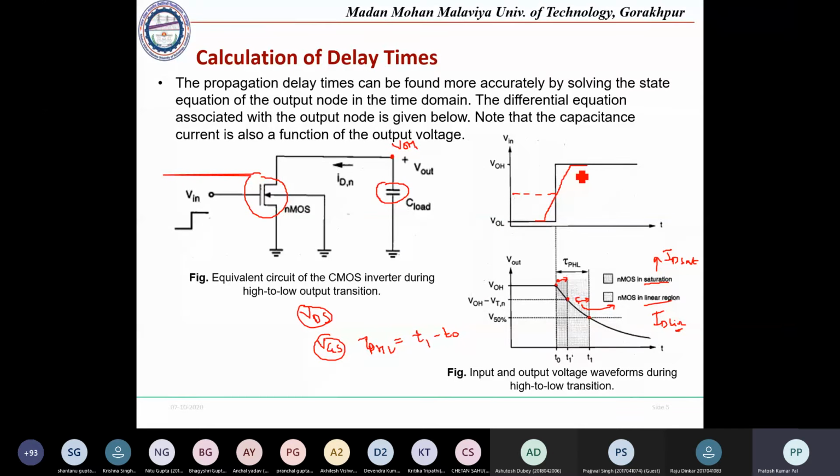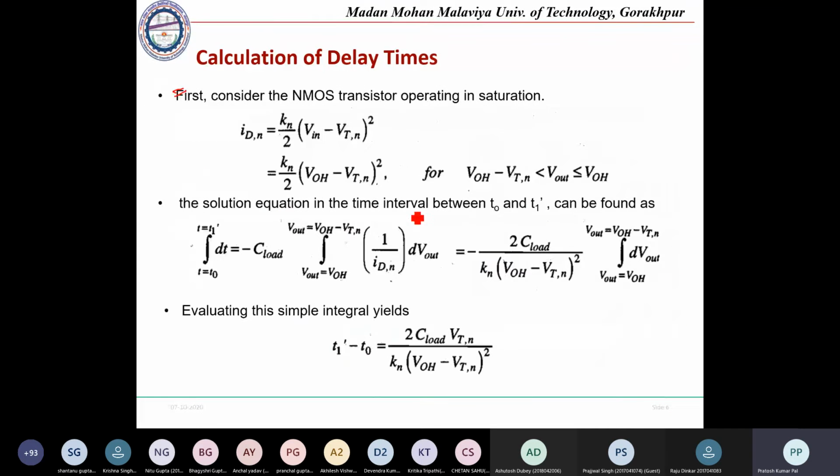Input is high, at that time the output is going to be switching, so we are considering Vin equals VOH. In this case it is operating in saturation region. We will find that out by using these inequalities, from which we can get the condition of saturation operation.